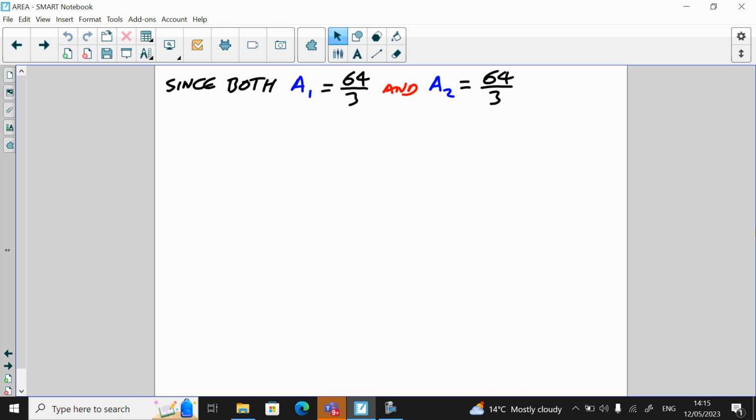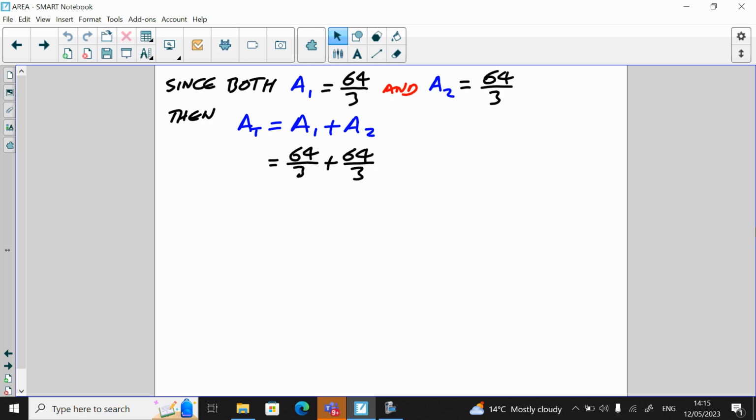But remember, it's a total area we want, so it's a combined area. So the total area, A with a subscript T, is just both of them added together, A1 plus A2. So just take those two values, 64 over 3 plus 64 over 3.